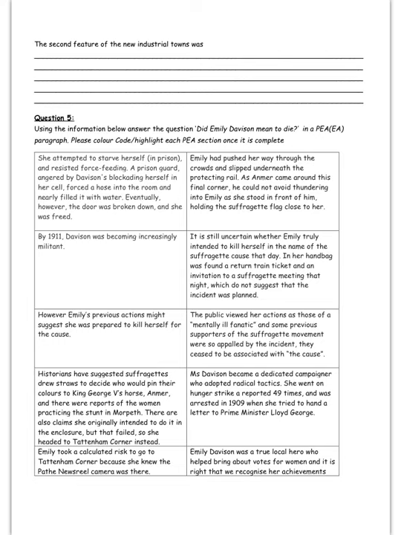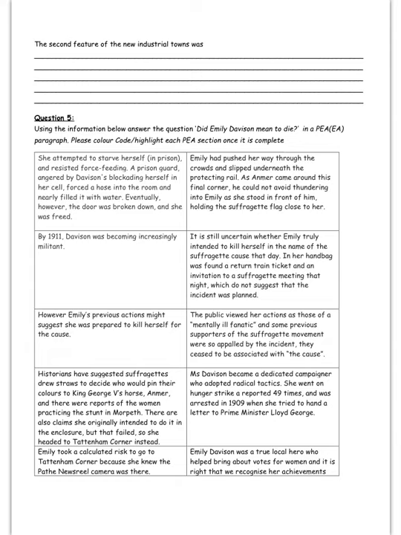Question 5. PEA, Point, Evidence, Analysis. You've been studying this since year 7. How to construct a paragraph with those 3 parts. The point is the topic or the theme of your paragraph. Your evidence is what you back it up with.